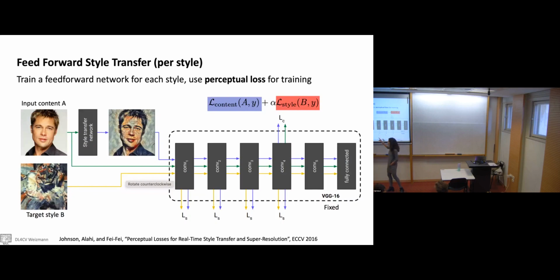And this neural network, during training, is trained on a collection of content images and a single target style. So the weights of this neural network are overfitted to this specific style. And if you think about it, the task here is not easy, because the network has to learn how, for example, to compensate for contrast changes.